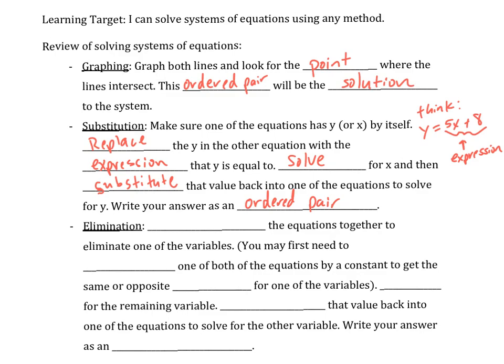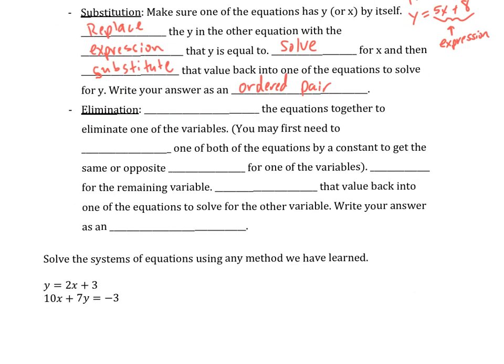Then finally, the elimination method, we are going to add or subtract the equations together with the goal of eliminating one of the variables. Now, before we do that, you may first need to multiply one or both of the equations by some constant, some number, to get the same or opposite coefficient.